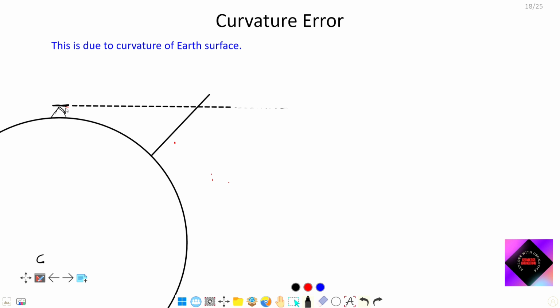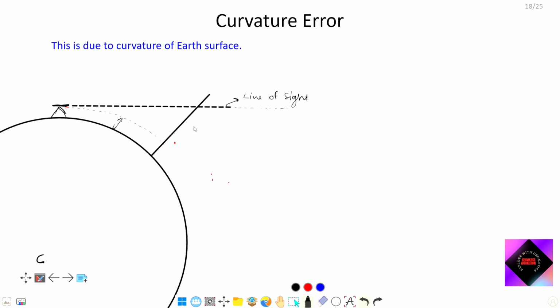So we must set up a line which is curved to the earth surface, and at every point the distance between the earth surface and that line should be constant. But we are not able to set up such a line of sight. Our line of sight is horizontal.